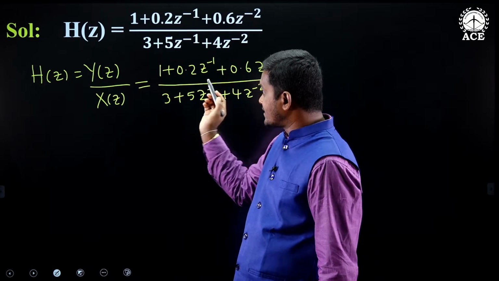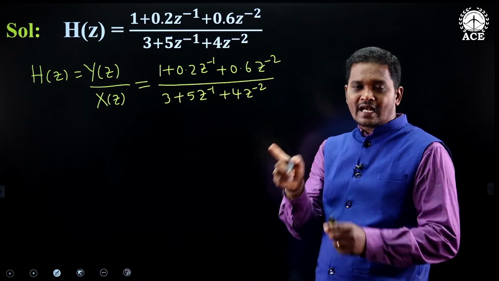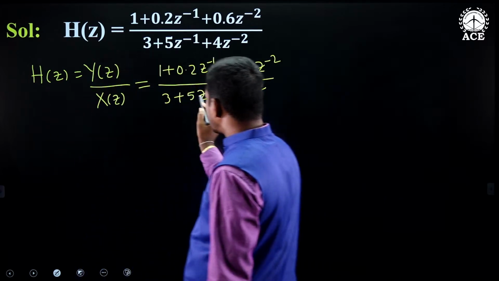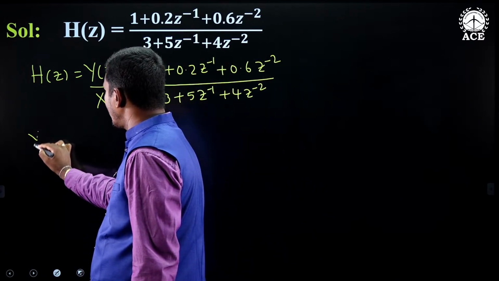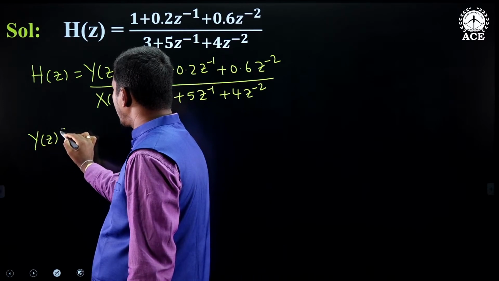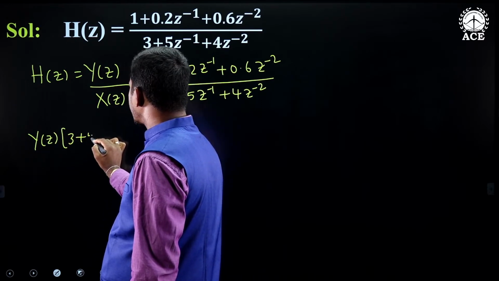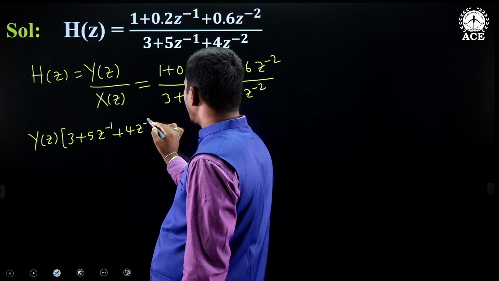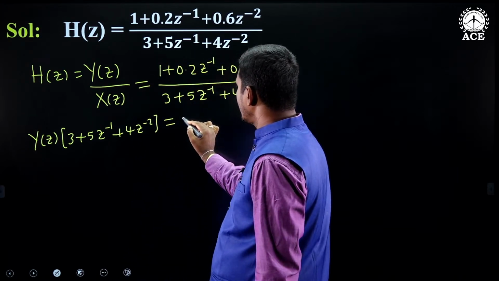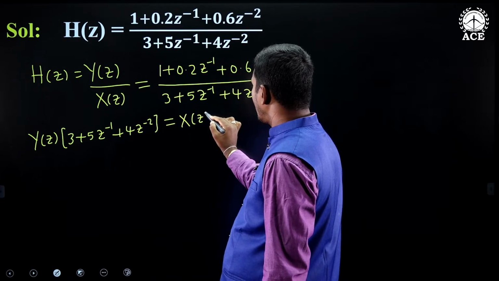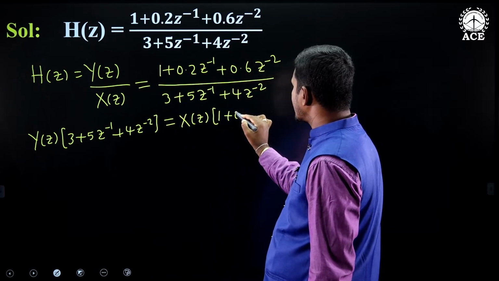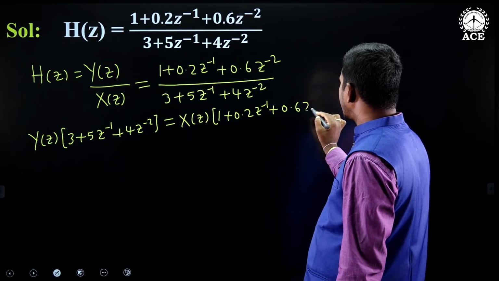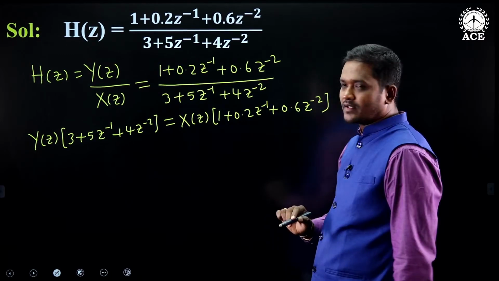Now do the cross multiplication: Y of z multiplied with (3 plus 5 z inverse plus 4 z power minus 2) equals X of z multiplied with (1 plus 0.2 z inverse plus 0.6 z power minus 2).